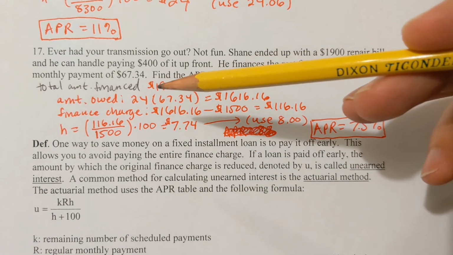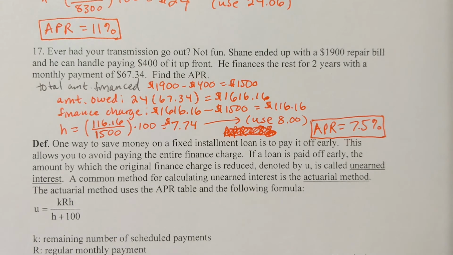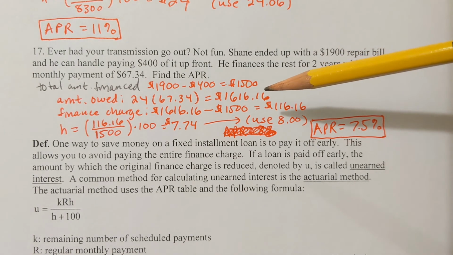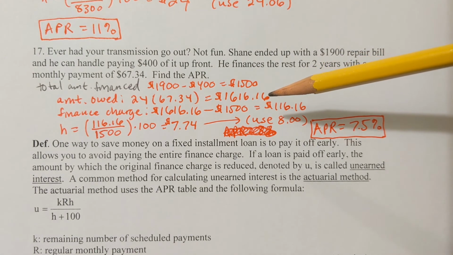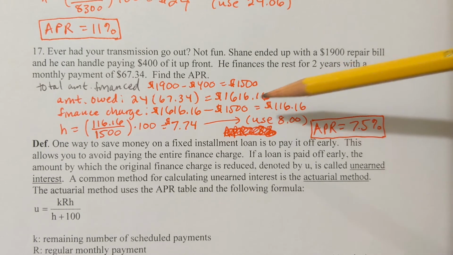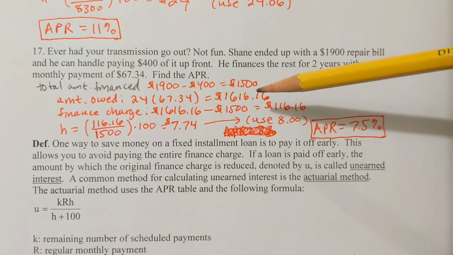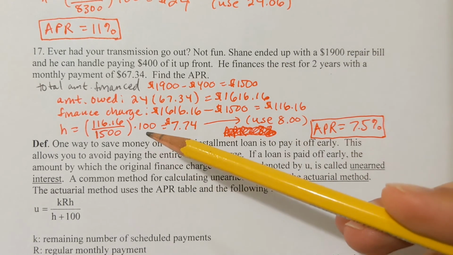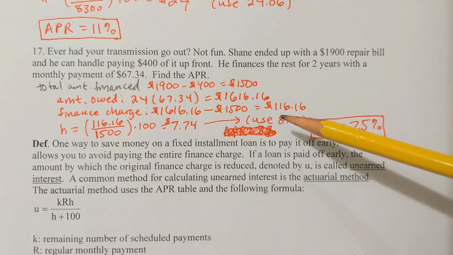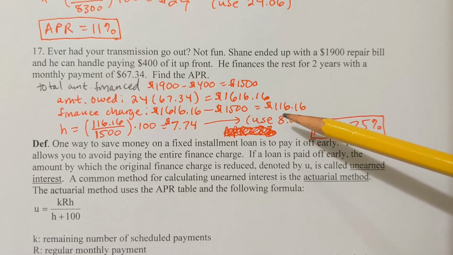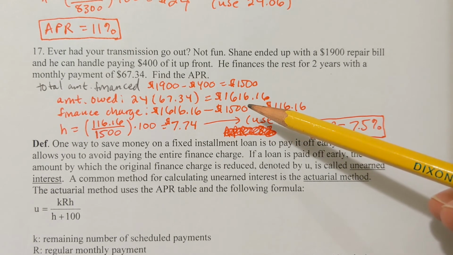Okay, so if I take 24 times 67.34, I get $1,616.16. It would be the total amount that he's going to owe back. Okay, so there's going to be some interest involved, obviously. The finance charge, would be the interest, would be $116.16 is how much he'd owe.